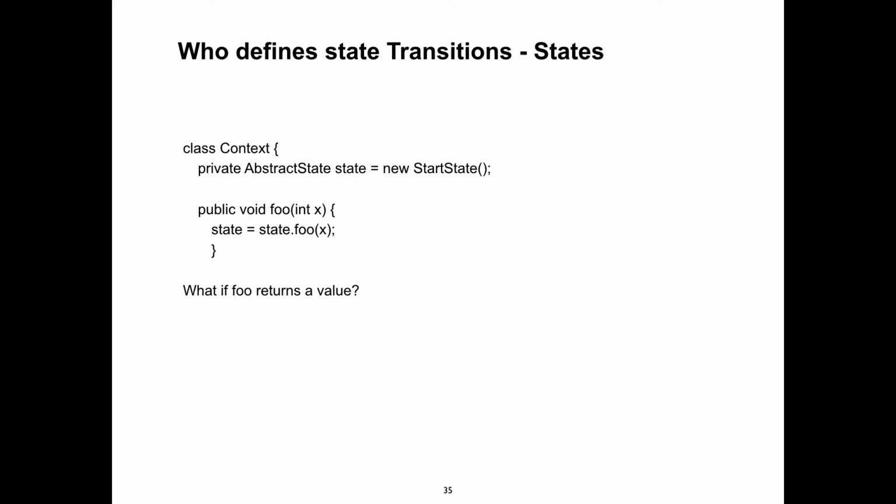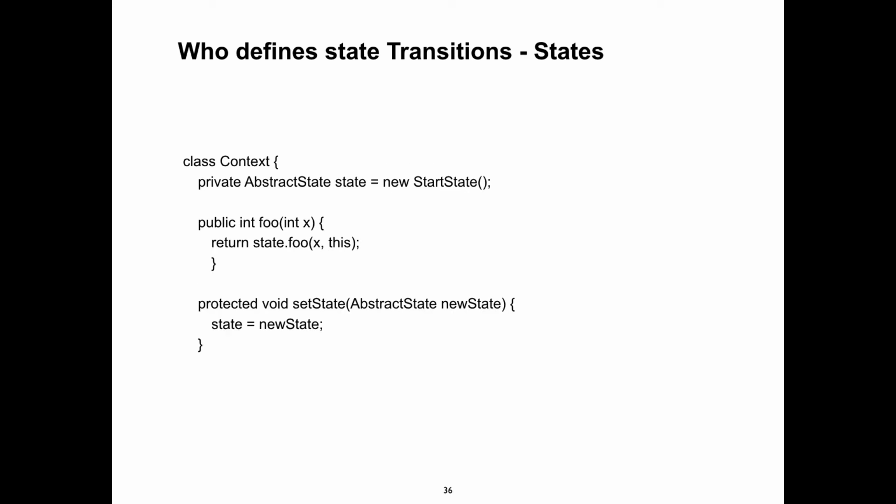One way around returning two values is we can pass in a reference to the context, and then the state can tell the context, here's your new state, and then return a value.